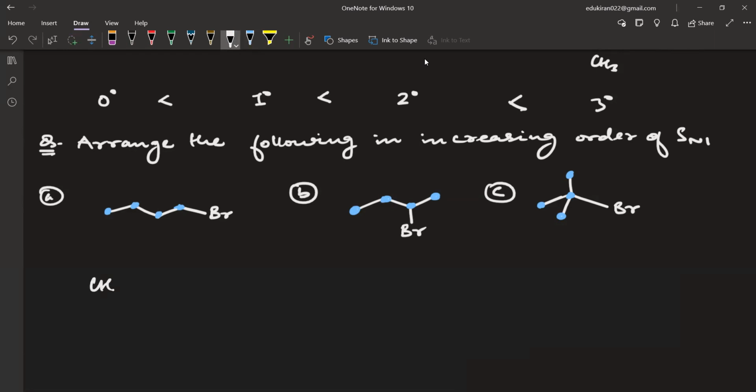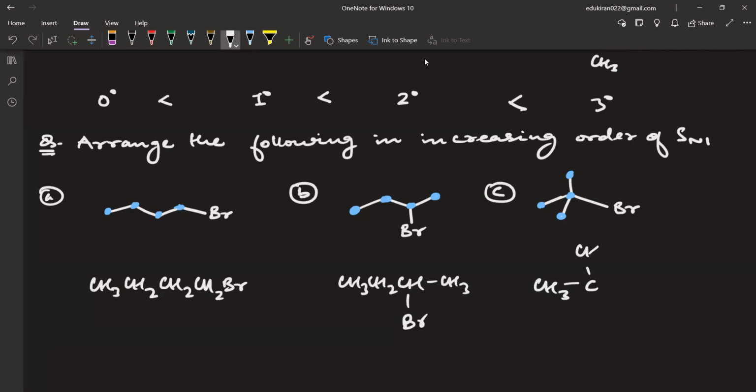So you write CH3, CH2, CH2, CH2Br. Now here you write CH3, CH2, CHBr, CH3. Here you have CH3 connected to a carbon, which is connected to CH3, CH3 and a Br.